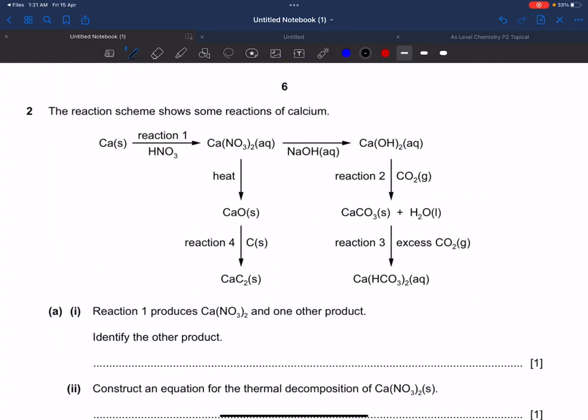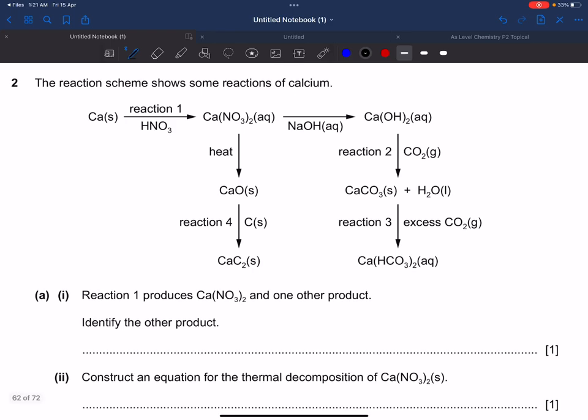Next part. Now, some of the reactions of calcium are shown. Calcium is a group 2 element, we know that. Reaction 1 produces calcium nitrate and one other product. Identify the other product. There's the reaction.